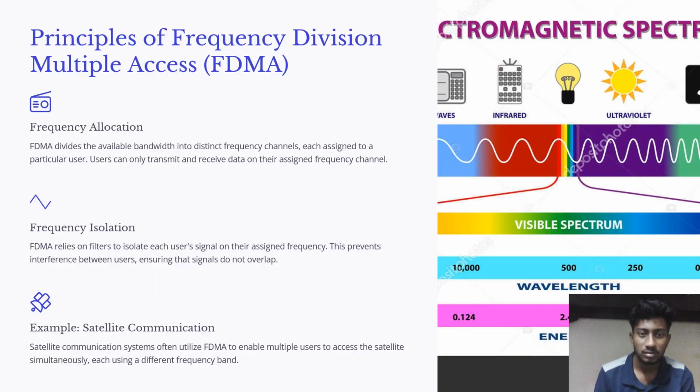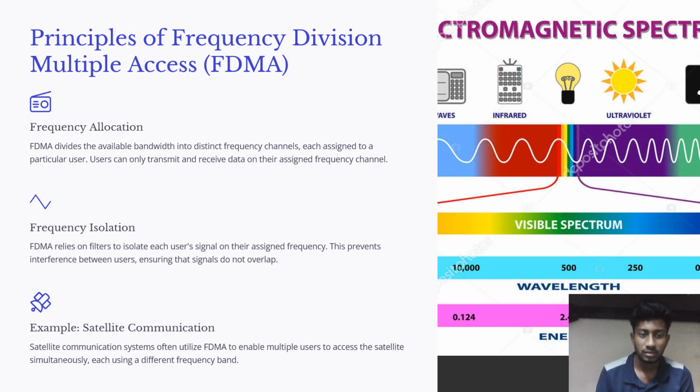The principles of frequency division multiple access. Frequency allocation: it divides the available bandwidth into distinct frequency channels, each assigned to a particular user. Users can only transmit and receive data on their assigned frequency channel. Frequency isolation: it relies on filters to isolate each user's signal on their assigned frequency.